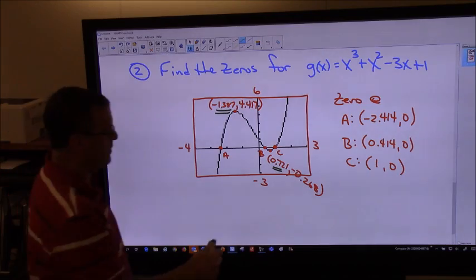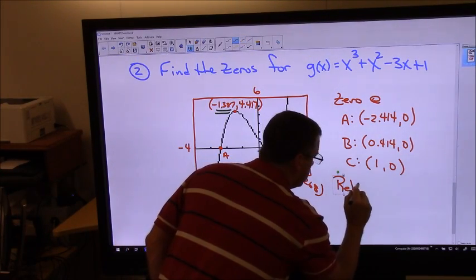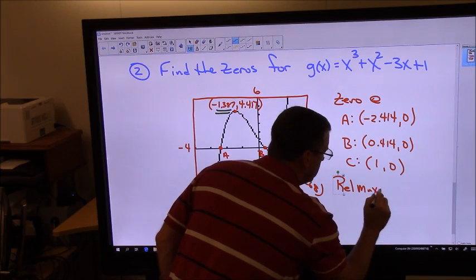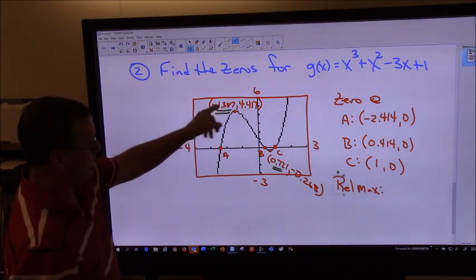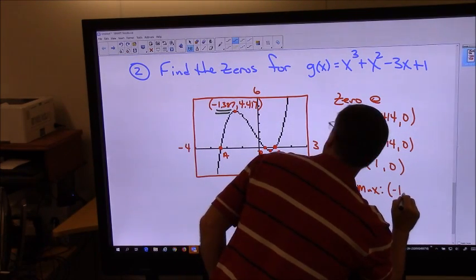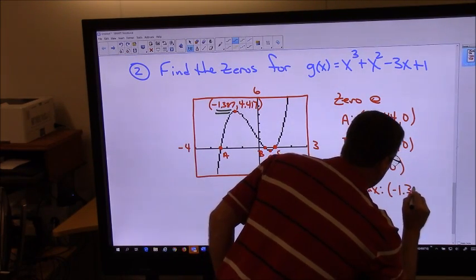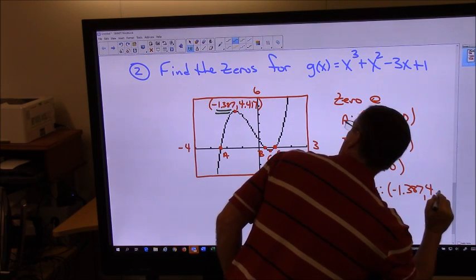So if I had to list this over here, I would say my relative maximum is located at this point right here, and I would write it down. Negative 1.387, comma, 4.417.